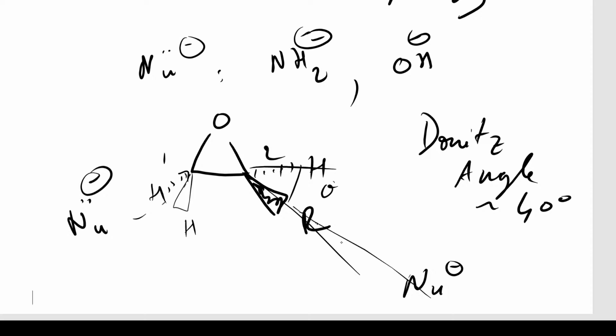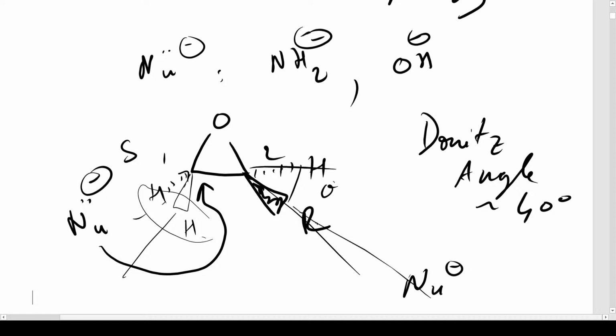What will happen from here or here? You see that here the clash occurs with 2 hydrogens. Here you have a clash with a hydrogen and a carbon. So you have more steric hindrance at this position than this position. That's why when you have a nucleophile like this, it attacks by SN2, as I explained in the former courses.